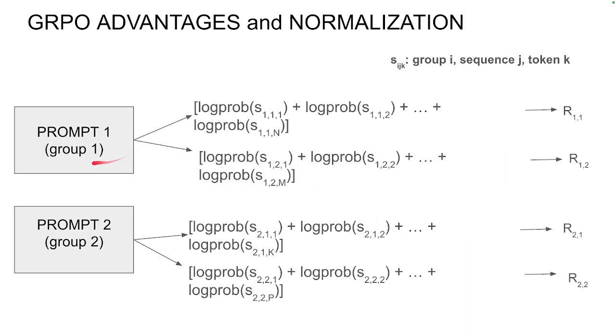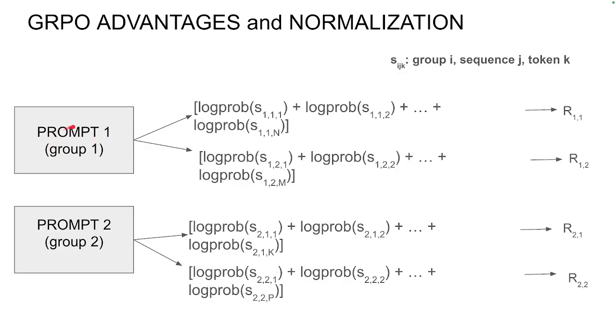So as discussed earlier, in RL for LLMs, you have a prompt, you generate multiple responses, and we sum the log probs of each of those tokens to get the action space, and we get a reward. Let's go through some of the notations here.